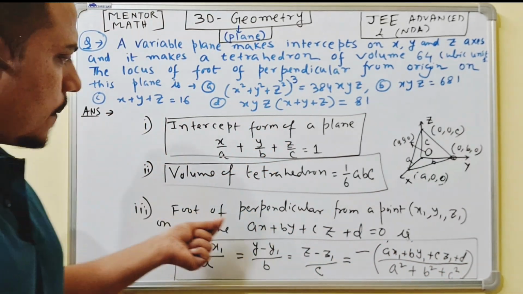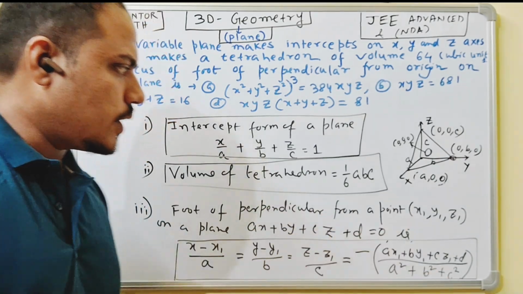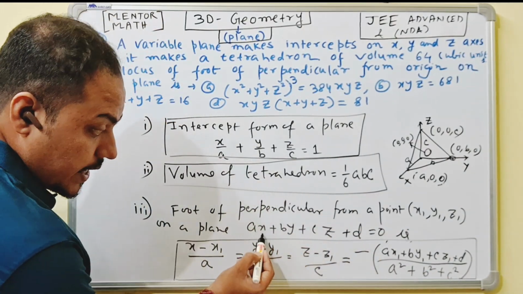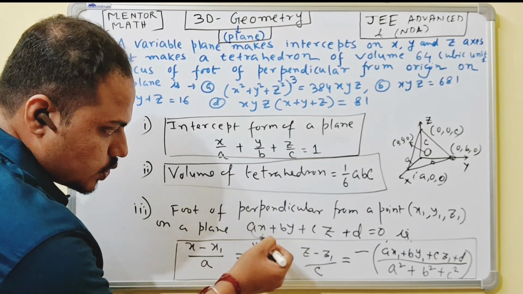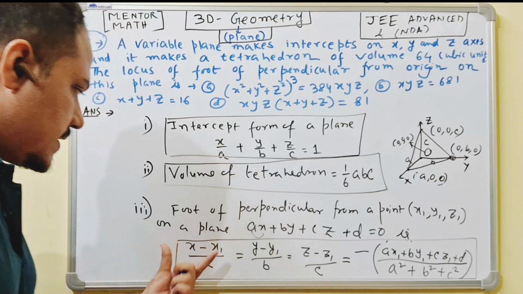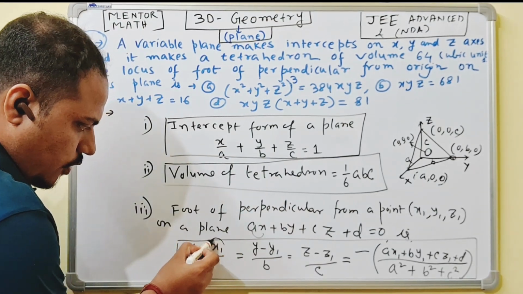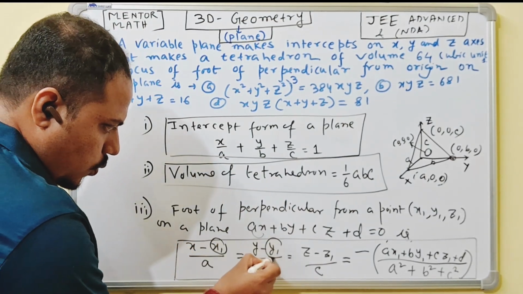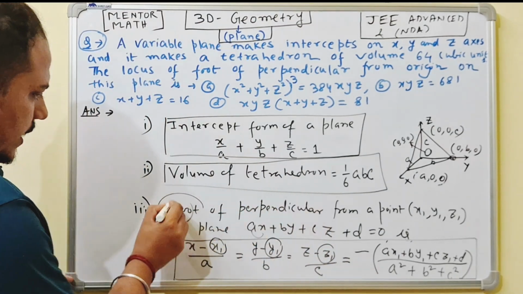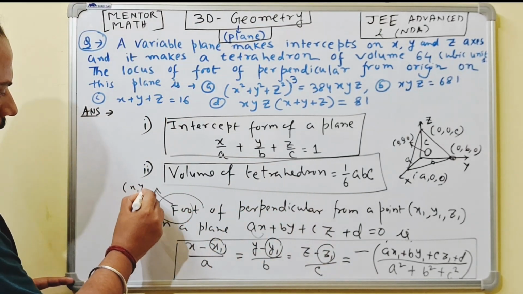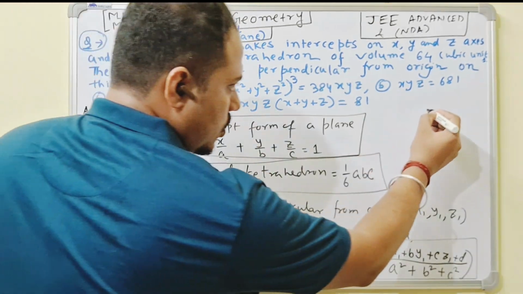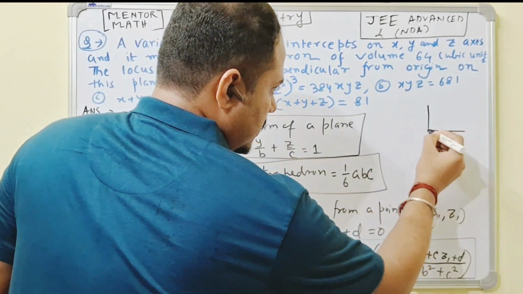So the foot of perpendicular from a point x1, y1, z1 on a plane ax plus by plus cz plus d, where a, b, c are the direction ratios of the plane, is given by this. The foot of the perpendicular you can take as x comma y comma z. You can draw a diagram like that.